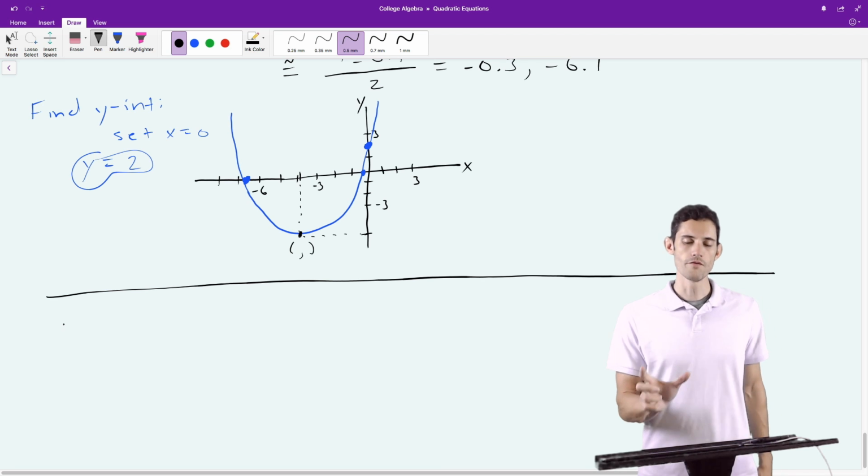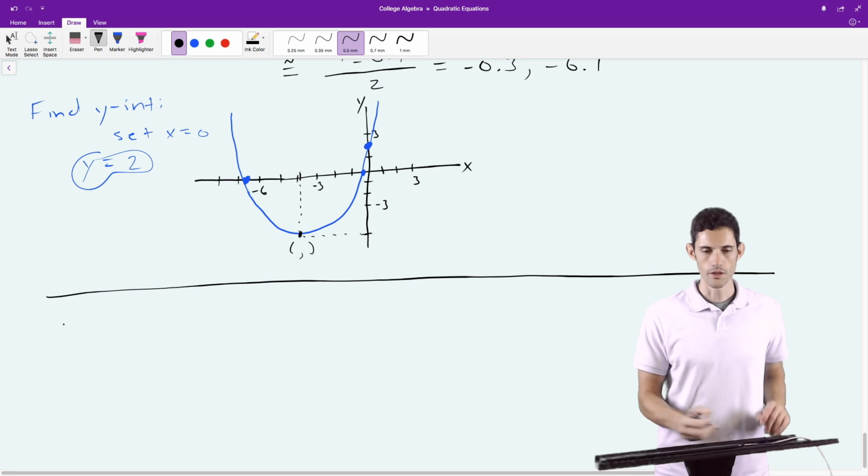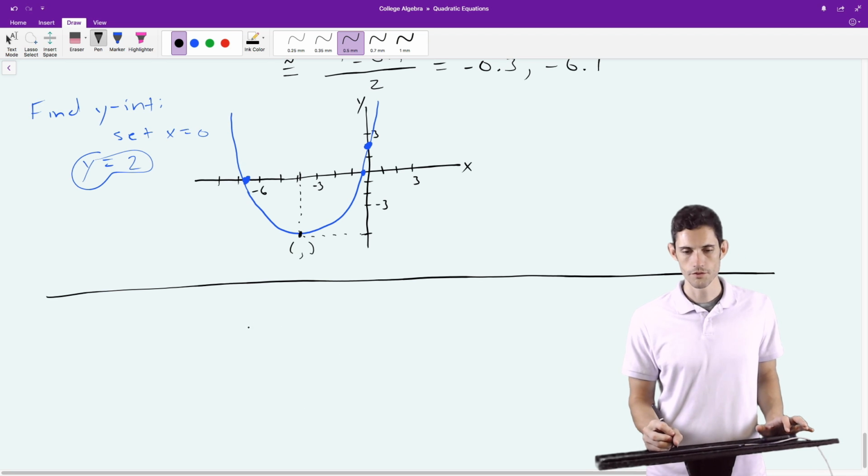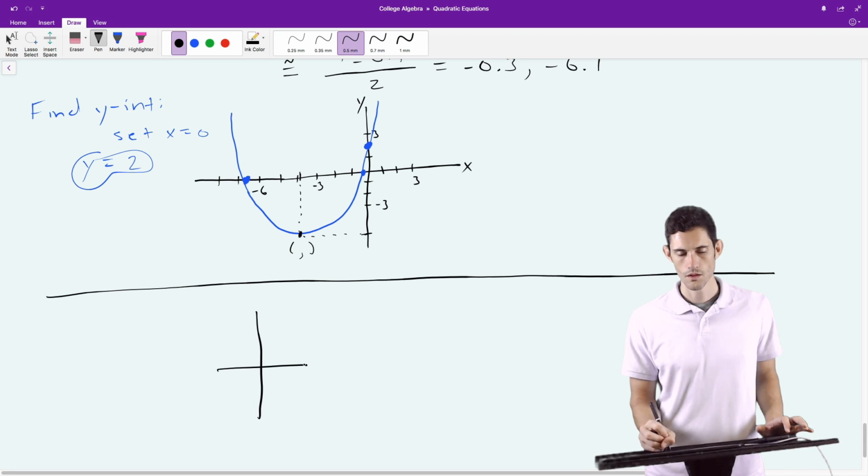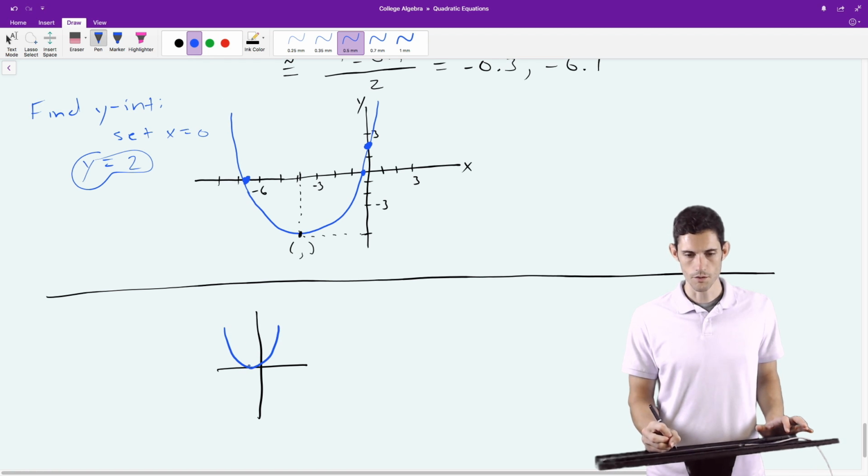And then if you raise it up even more so that that parabola does not even touch the x-axis at all. So this is the first thing I was talking about, if it only touches once. So these are special cases.